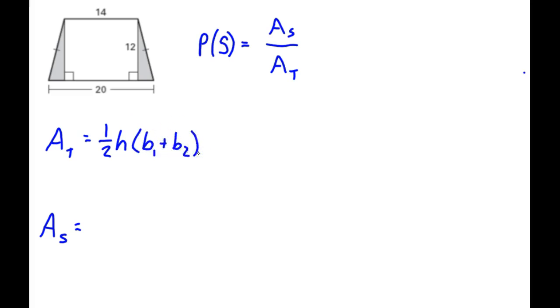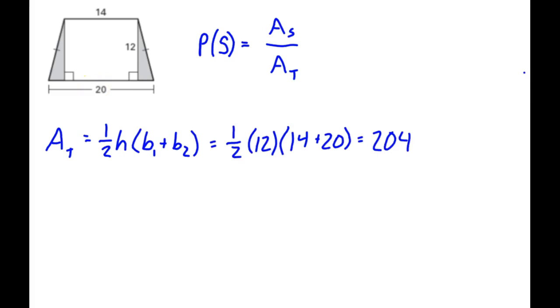B sub 1 and B sub 2 stand for the bases of the trapezoid, the two sides that are parallel to each other. Plugging in our known values, we get 1/2 times the height, which is 12, times the sum of the two bases, which is 14 plus 20. We simplify that, we get 204 square units for the total area.